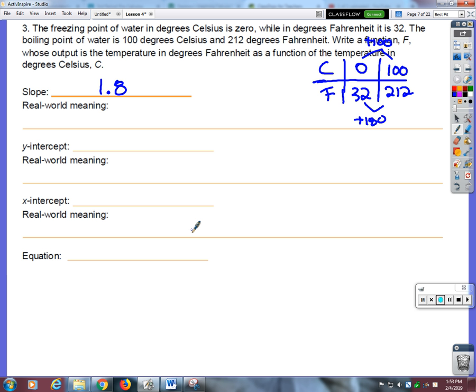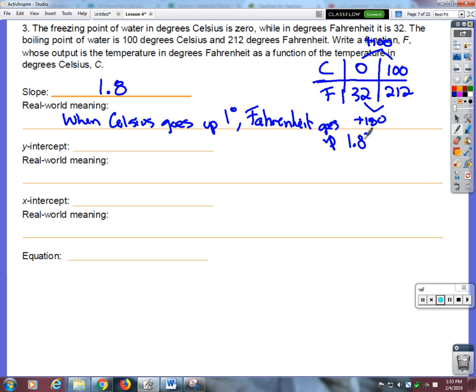It means that when Celsius goes up 1 degree, Fahrenheit goes up 1.8 degrees. When Celsius goes up 1, Fahrenheit goes up 1.8.